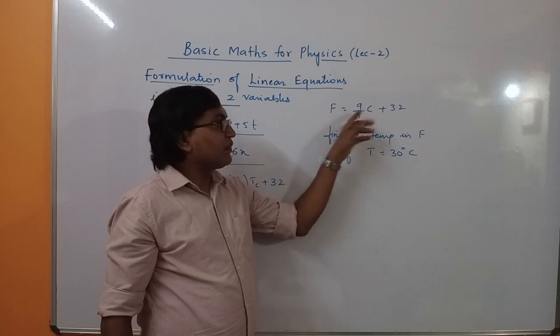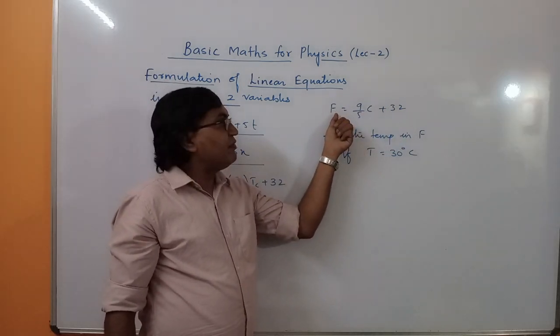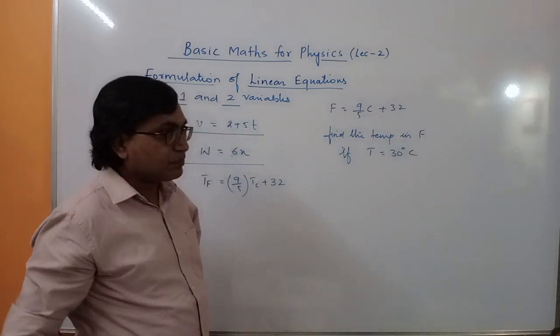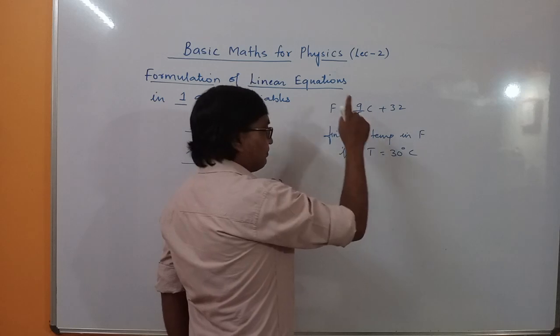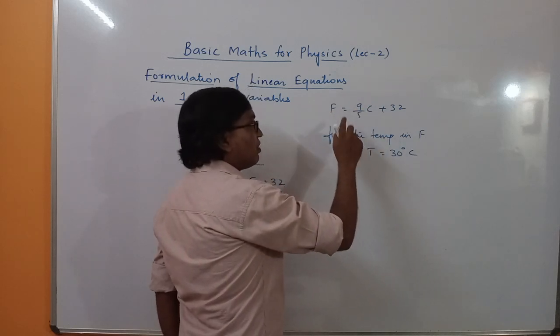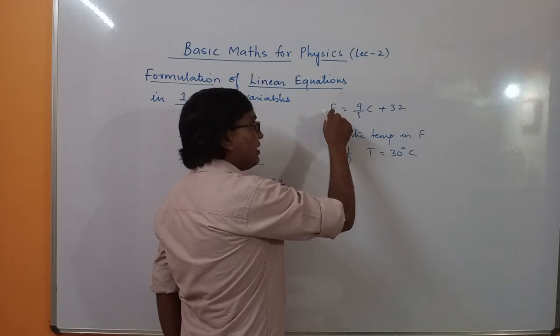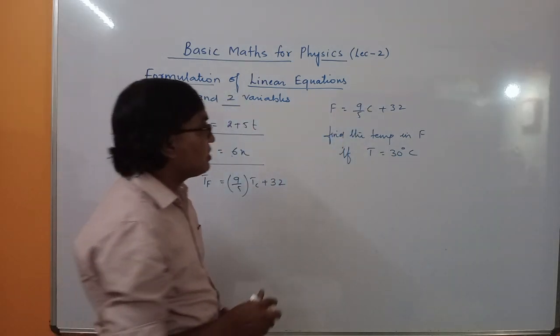So here it is a linear equation, degree is 1, and if you plot a graph between Fahrenheit and Celsius, it will be a straight line graph. Here F is a variable, C is a variable, so we have two variables.